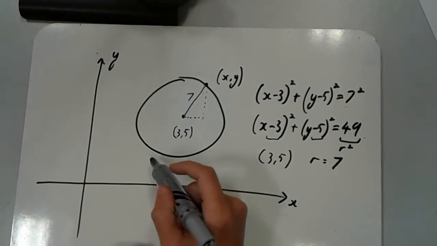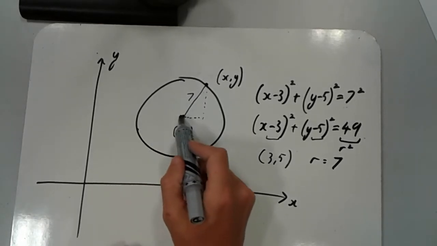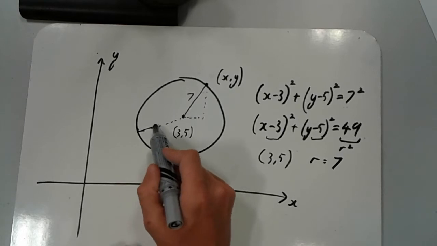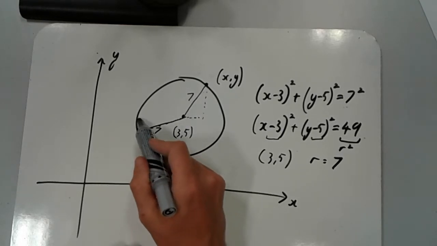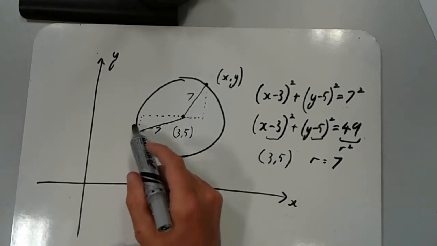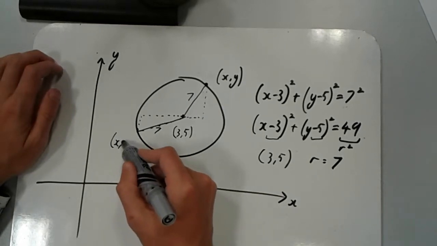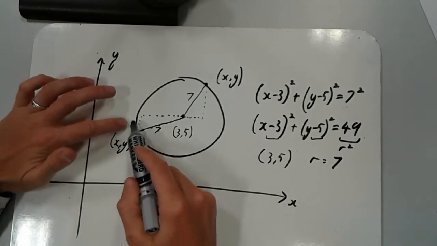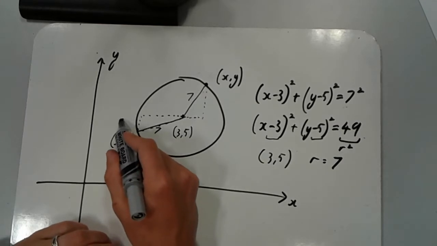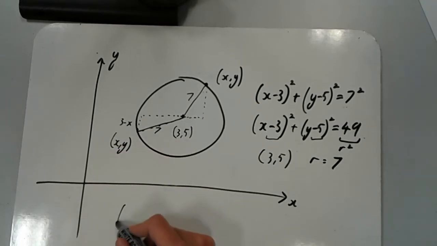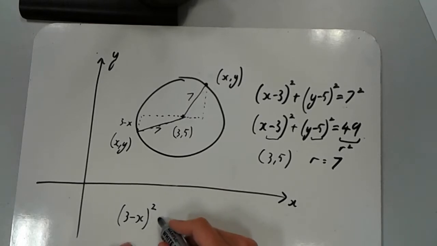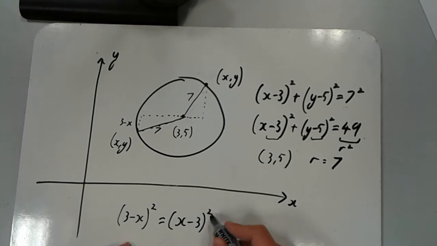Okay, and again, that would have worked with any point, even if I was over here. We know that distance there is 7. If this were the point x, y, that distance there would then be 3 minus x, but again, if I'm going to do 3 minus x squared, because I'm squaring it, it doesn't matter which way round I have the signs. x minus 3 squared is the same as 3 minus x squared.